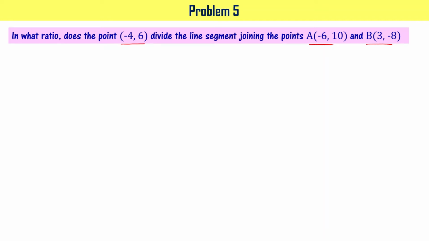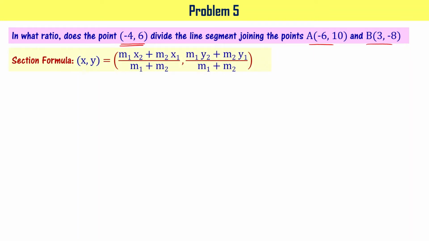And we are asked to find in what ratio this particular point is going to divide the line segment AB, right? We know that the section formula (x, y) is defined as ((m1x2 + m2x1)/(m1 + m2), (m1y2 + m2y1)/(m1 + m2)), right?